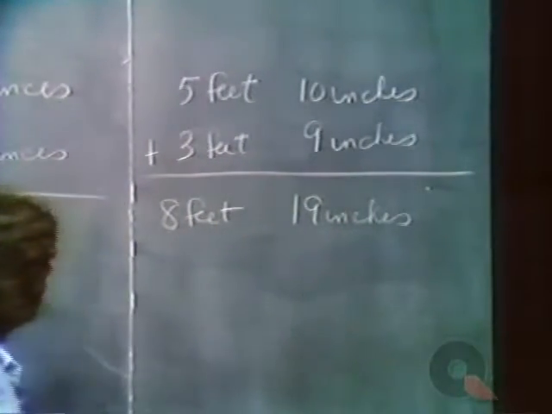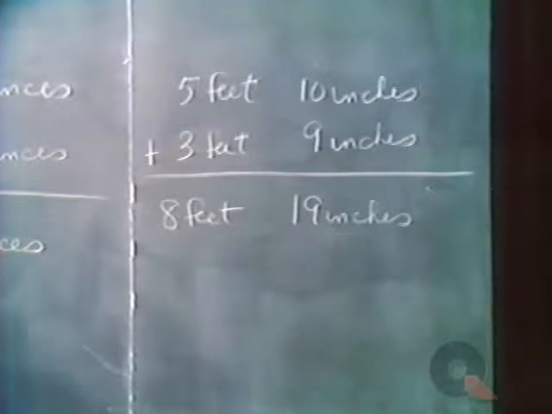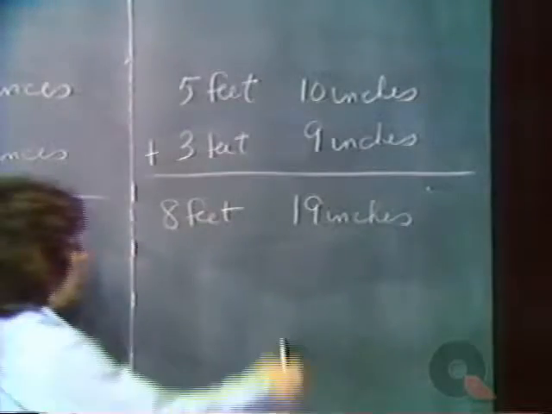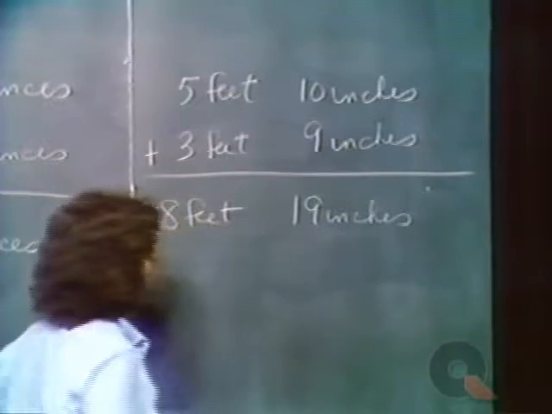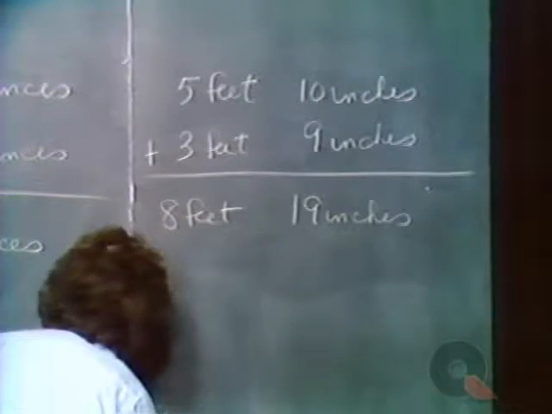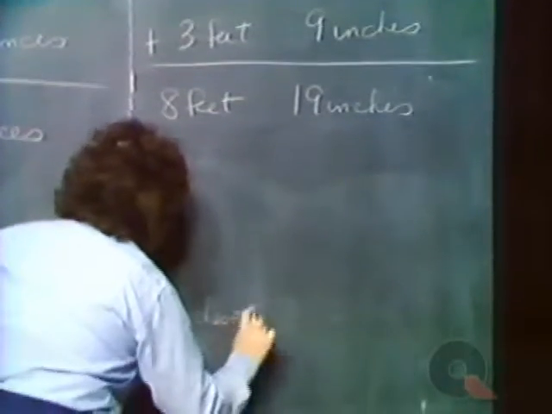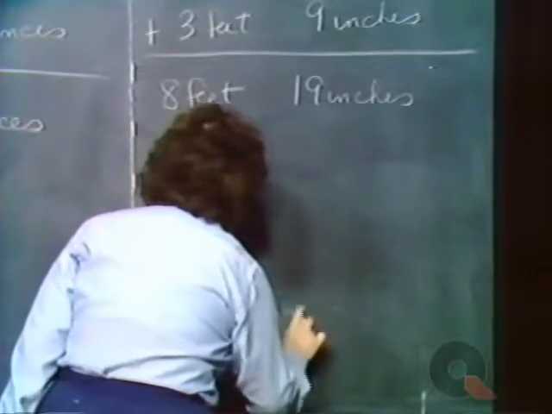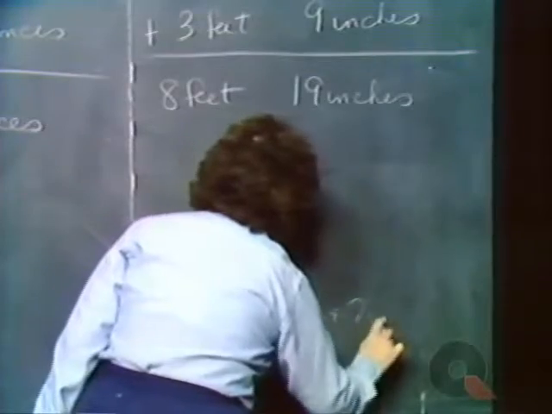However, you probably would not find 8 feet, 9 inches as one of the choices, because 19 inches is over a foot. And therefore, we would rewrite 19 inches as 12 inches plus 7 inches.